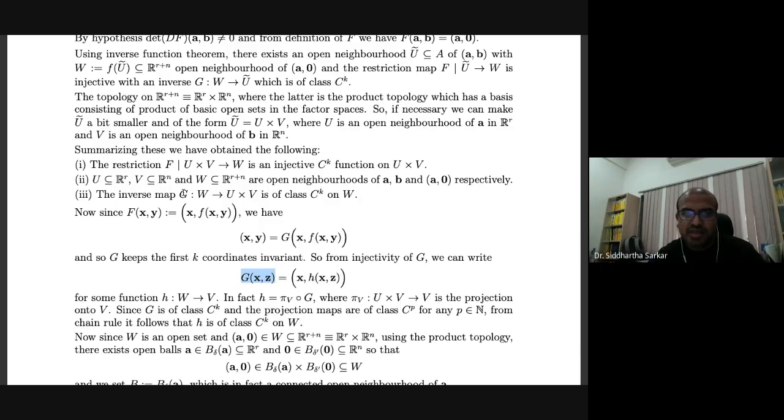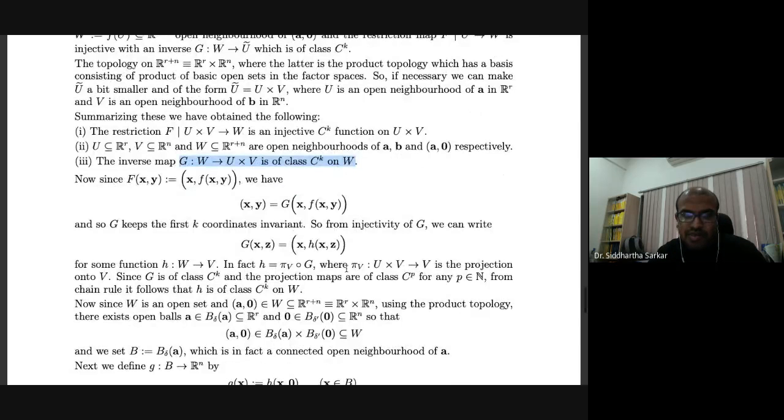Yeah, so this is from the inverse function theorem, and the projection maps are basically having the components being those variables. So therefore the derivatives of this always exist. In a sense, these projection maps are always smooth. It is of class C^k for any k. Okay, so if I compose these two, I turn out to get a C^k map over here. So therefore my h turns out to be a C^k map.